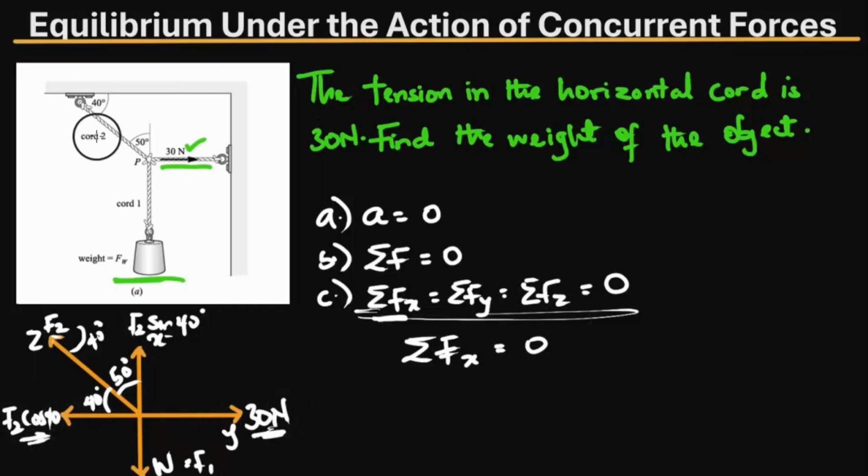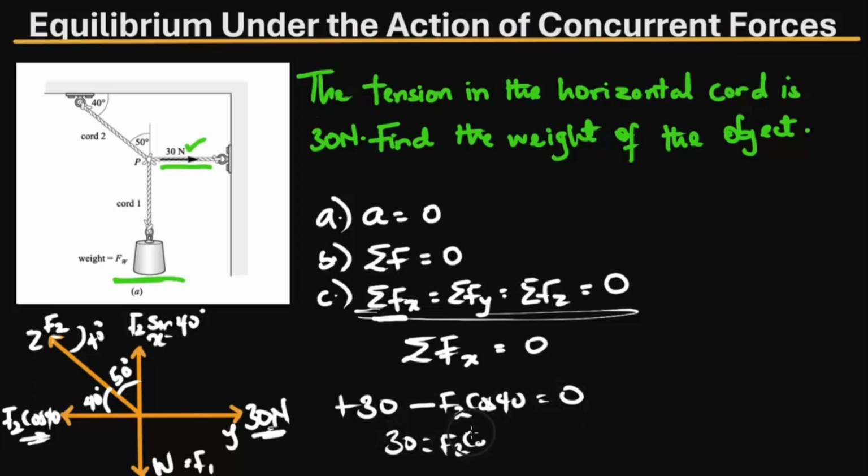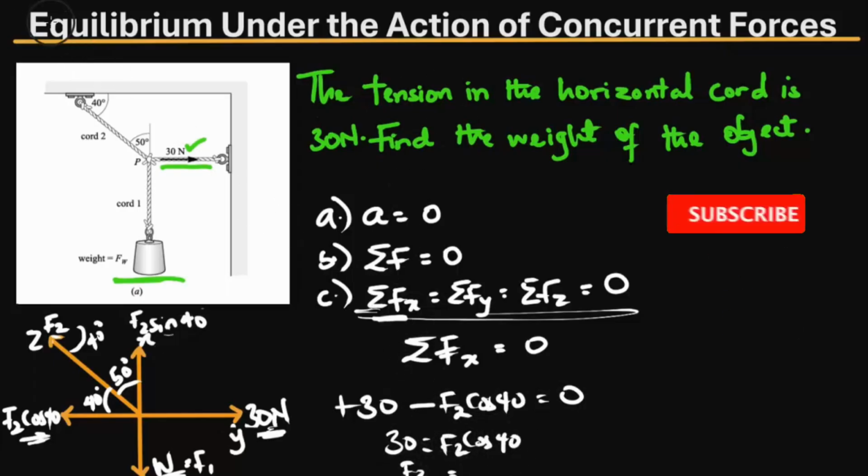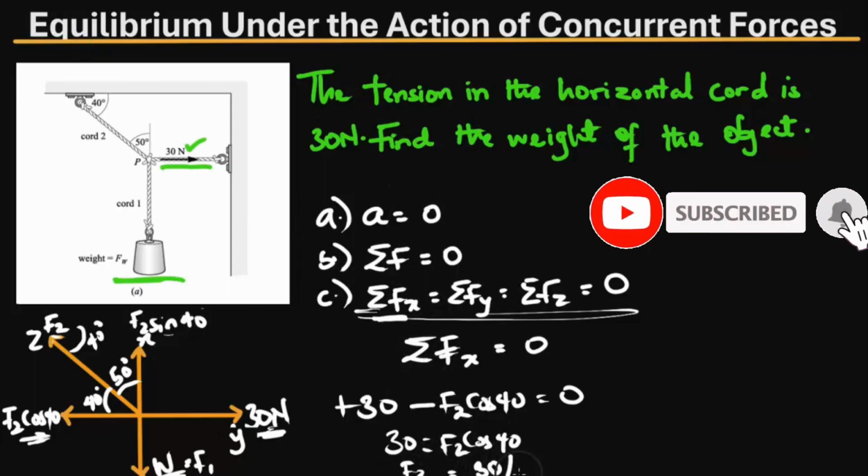So the summation of the forces in the x direction will be 30, because it's acting in the positive, and then the one in the negative direction becomes minus F2 cos 40, and that is equal to 0. Okay, so 30 equals F2 cos 40, and F2 will be equal to 30 divided by cos 40.